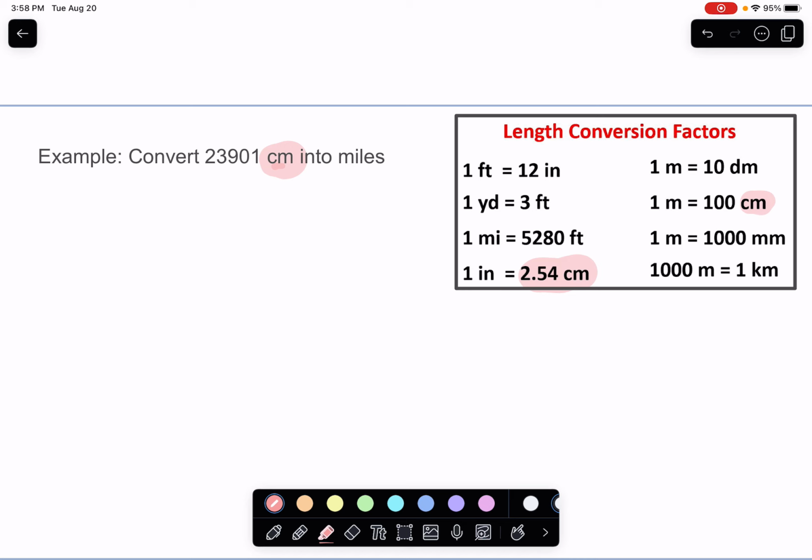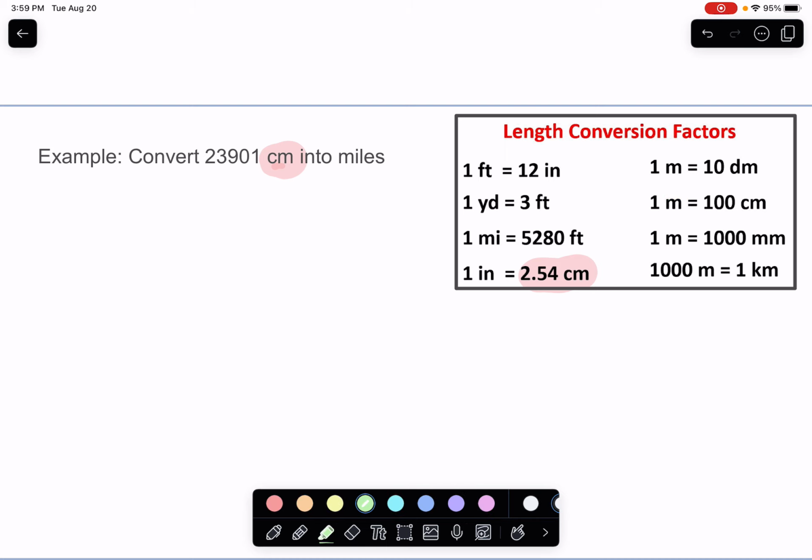But if I'm just using the conversion factors in the box, meters is not necessarily going to get me to miles. So I could change it to meters, but then I would have to change meters into kilometers, and then I'd be stuck. I would have no way to go from kilometers to miles. If you knew how many kilometers were in a mile, you could go that route. However, that's not in my table, so I am going to try a different way.